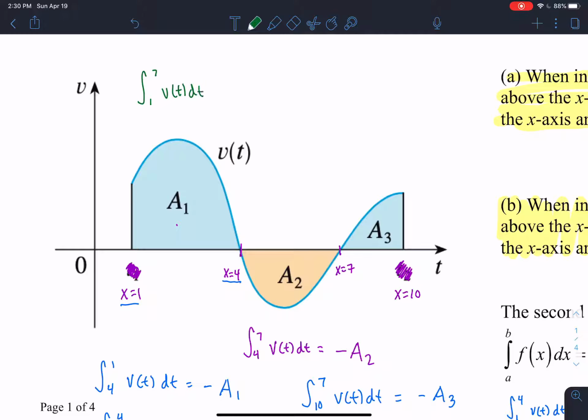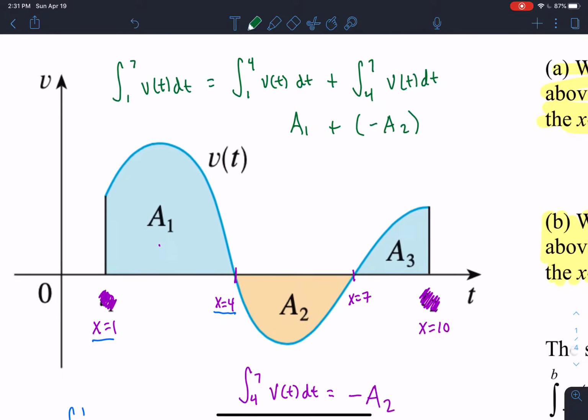What combination could I make of that? That's the integral from 1 to 4 of v of t dt, plus the integral from 4 to 7. From 1 to 4 it would be A1, and from 4 to 7 would be negative A2. So your answer would be A1 minus A2 as your area.